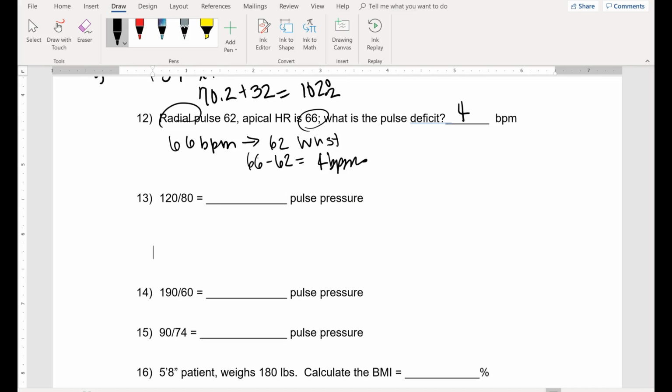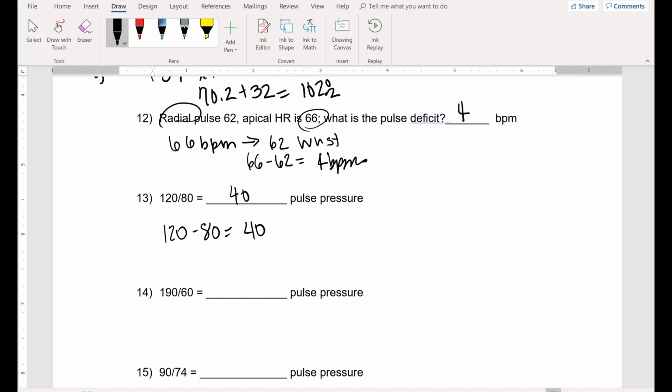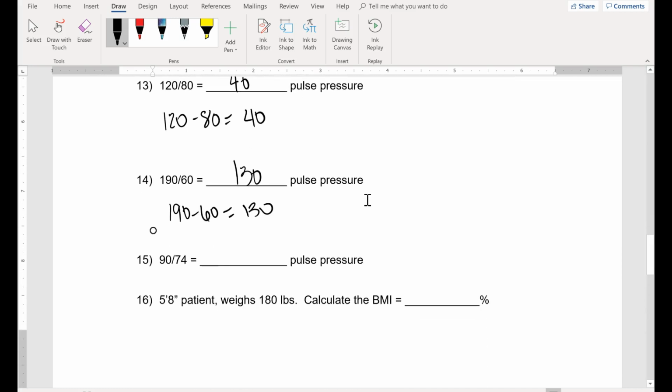Okay, so in this case, we are simply going to subtract 120 minus 80 equals 40, and 40 is our pulse pressure. Okay, so on this problem, we have 190 minus 60, and this is 130. Everybody good there? Okay, so 90 over 74.